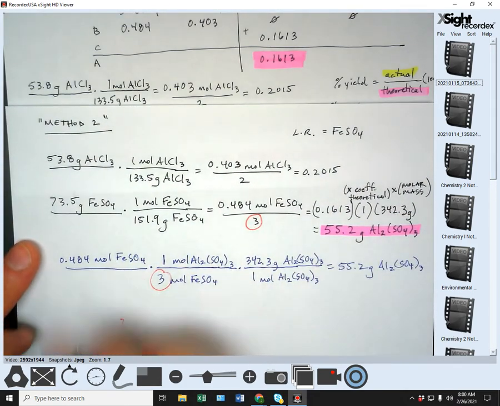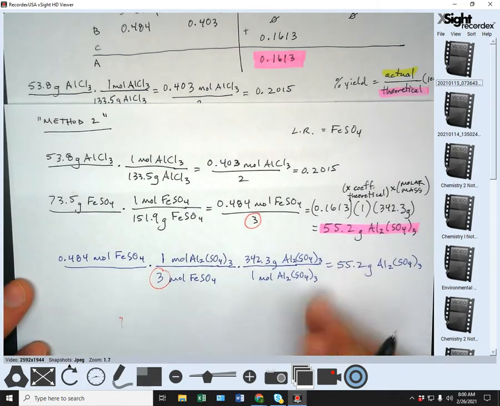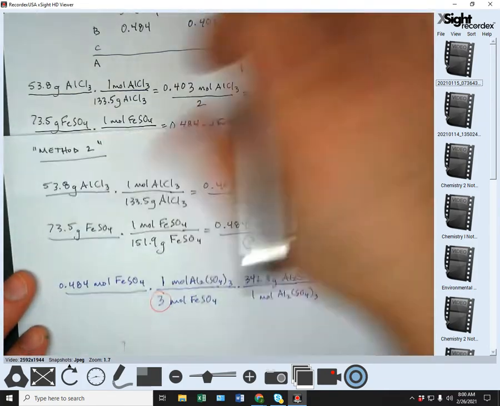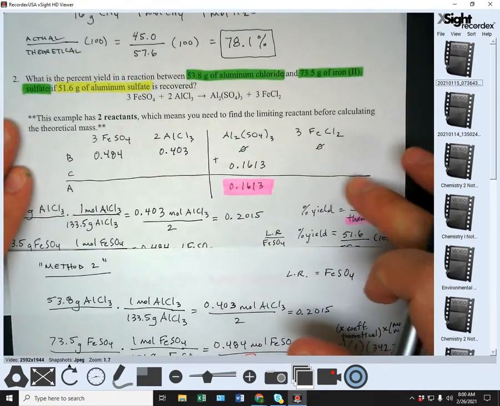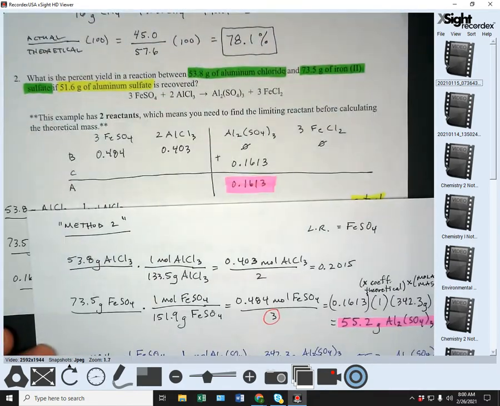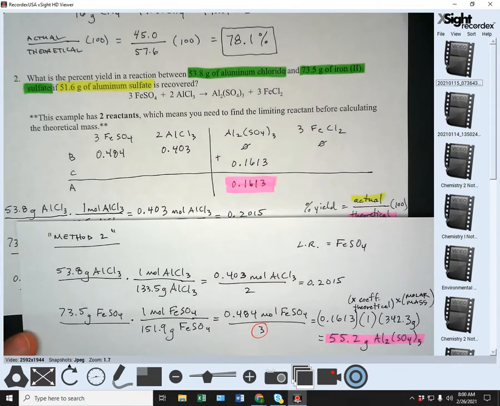So underneath here, I'm going to put the next step we'd actually do, which is we would take the actual from the problem. We take the actual from the problem. So we take the percent yield equals the actual 51.6 over the theoretical 55.2 times 100.